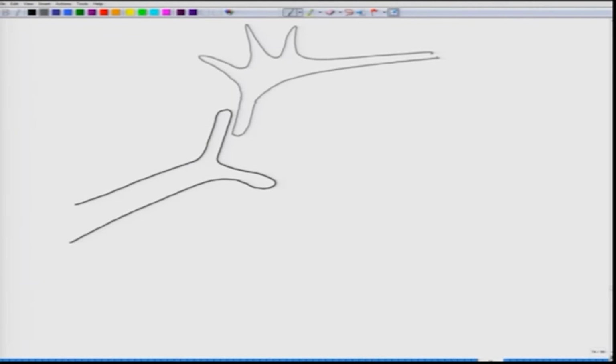Okay. So, this is the sender which is in dark black, and this one is the receiver, and signal propagation is taking place in this direction.